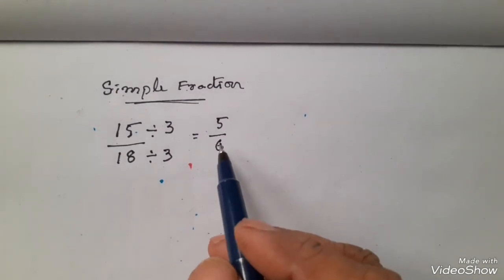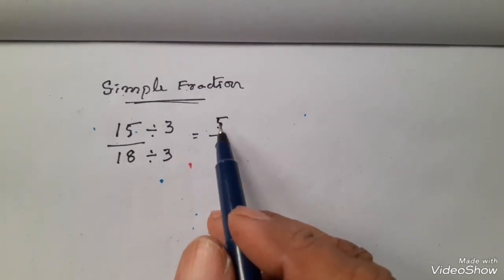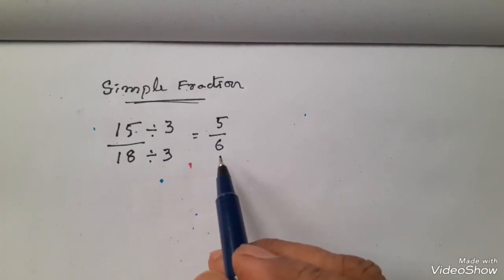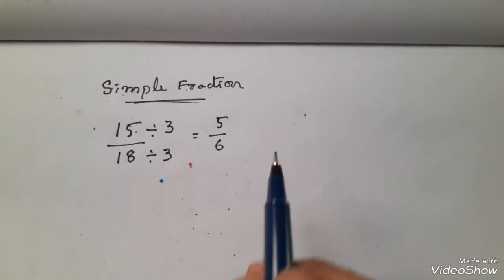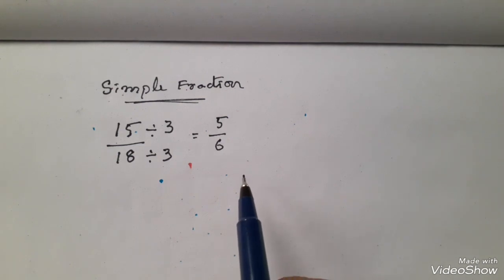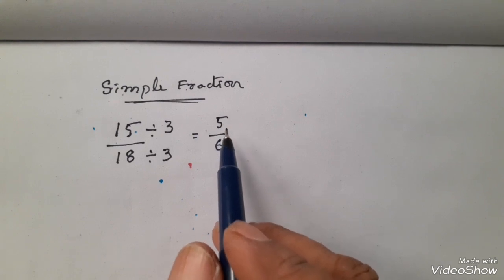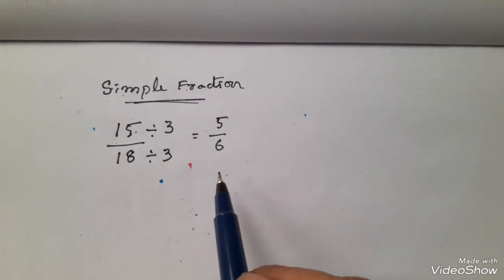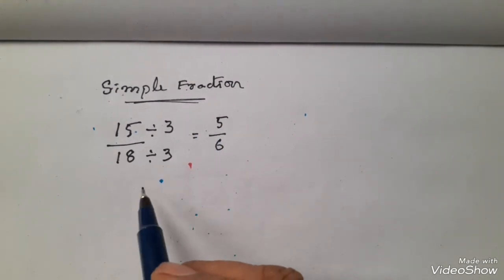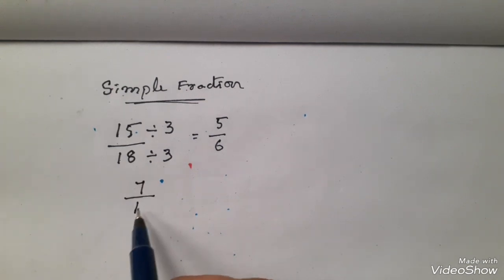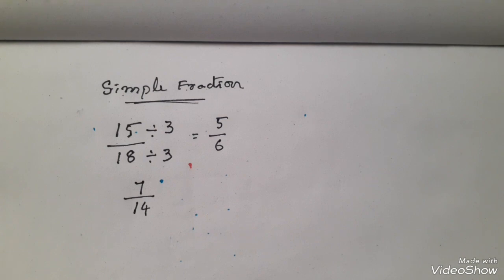So a simple fraction means for both numerator and denominator, there is no common factor other than 1. Only 1 should be the common factor for both numerator and denominator. Then it is called a simple fraction. One more example is 7 by 14. This is not a simple fraction.